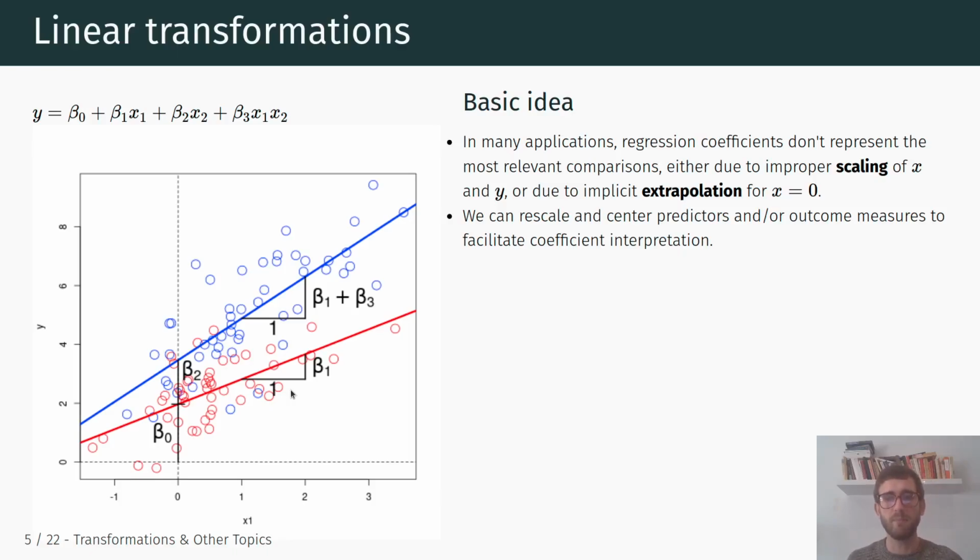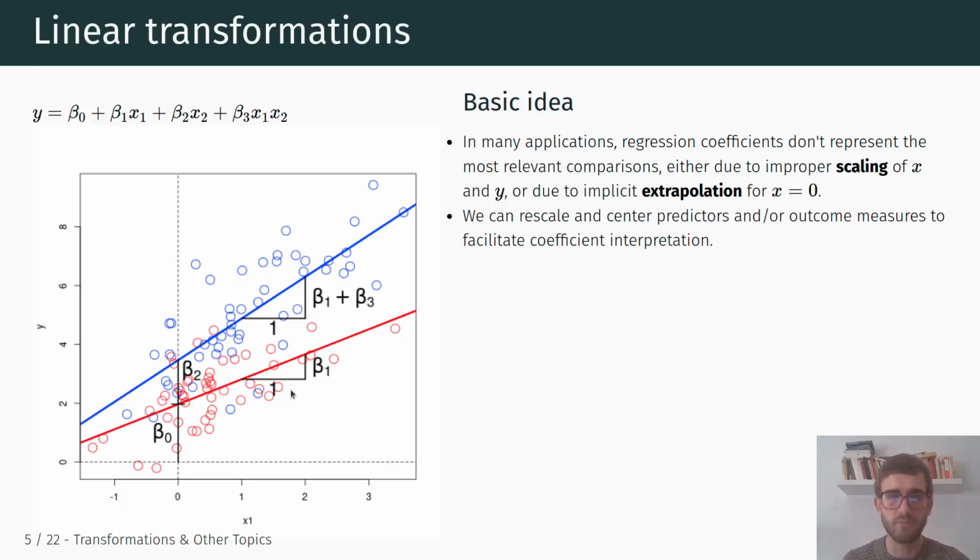And so one example that is pretty straightforward is, for example, if we're looking at GDP per capita, a measure that takes very large values, and we're actually measuring GDP per capita in dollars as a predictor, right?